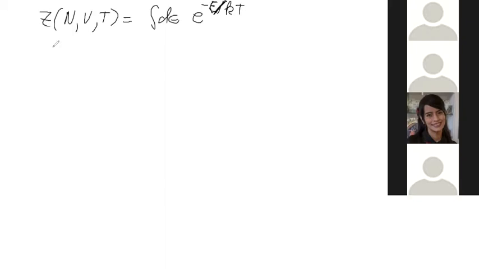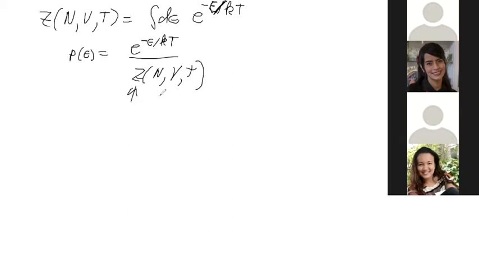Okay, it has a name. So you remember that the probability from the previous slide, the probability of finding epsilon, is e to the power minus epsilon over kT divided by the integral of e to the minus epsilon over kT, which is Z_N(V,T).